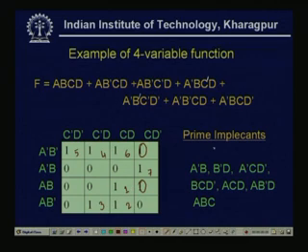So, now what will be the prime implicants? See, if I want to form a group or a quad group, then I am taking this A bar B bar C D bar.